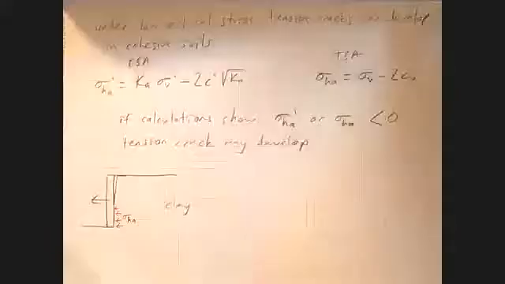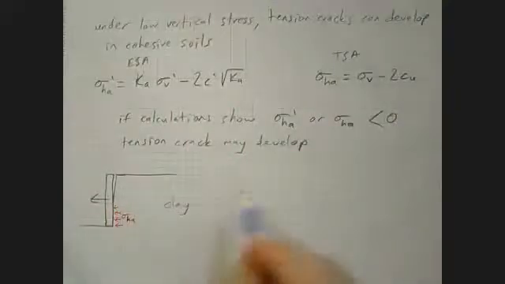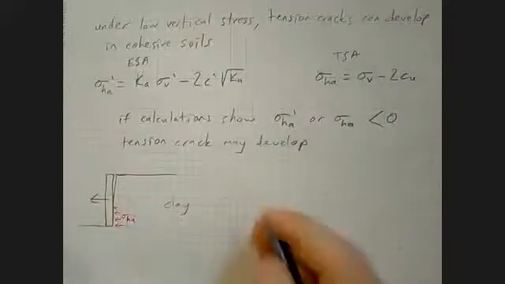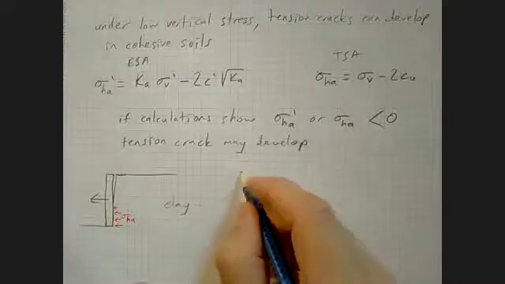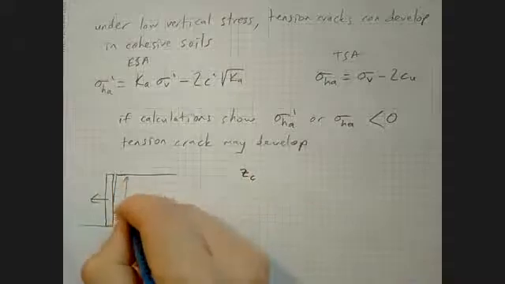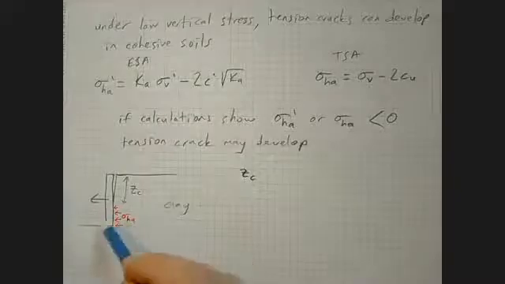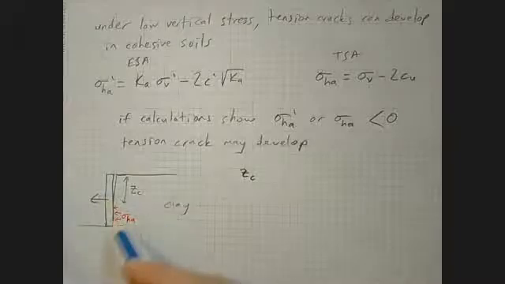Avoid all other equations, because you see these formulas in books, things like depth of tension crack. What is the depth of tension crack? And you see a formula for that. And then how much is the force acting on the wall due to soil pressure?